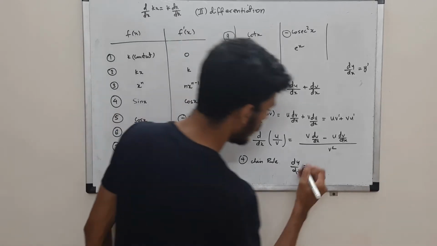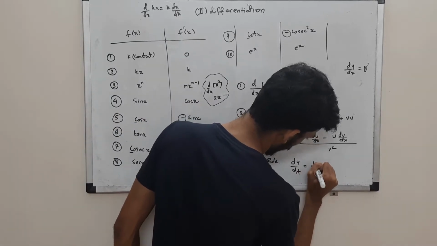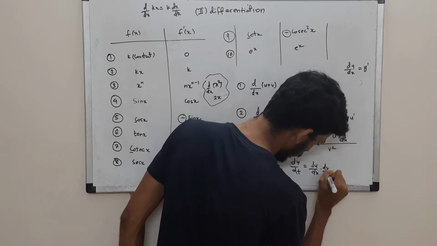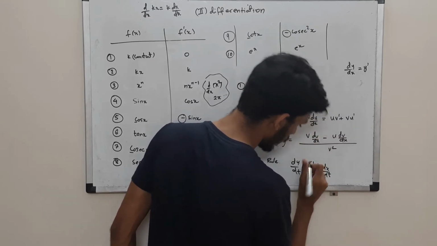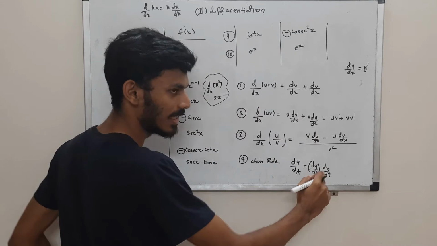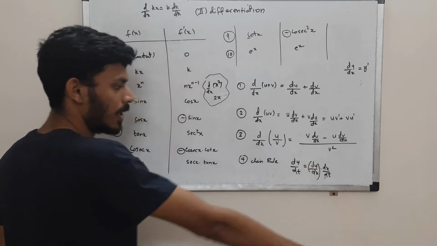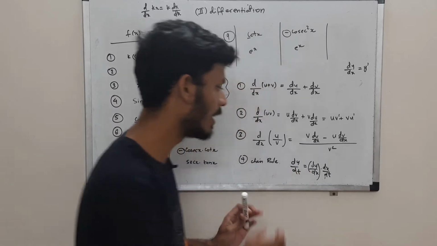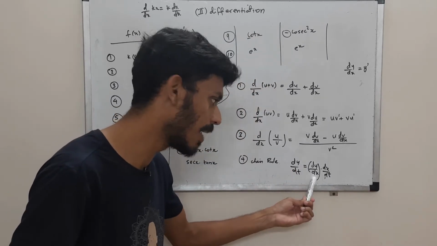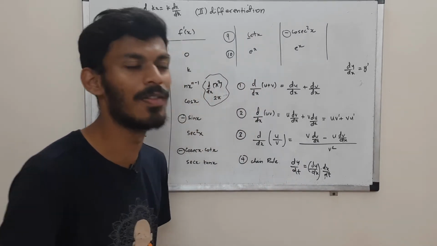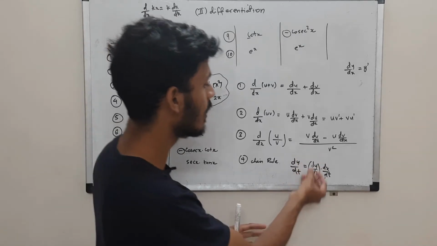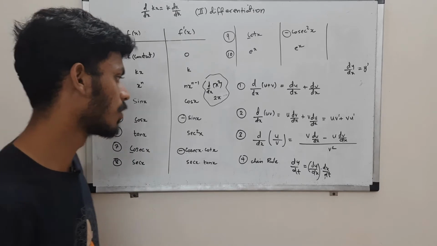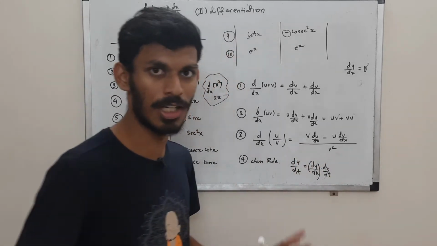Those times, if you don't know the derivative, you can write it this way: dy by dx into dx by dt. The dx can cancel, and simply you get dy by dt. So if you don't know dy by dt, you can find dy by dx. If the function is given in terms of x, you can find dy by dx and simply multiply by dx by dt. You'll come to know more when we do such type of problems.